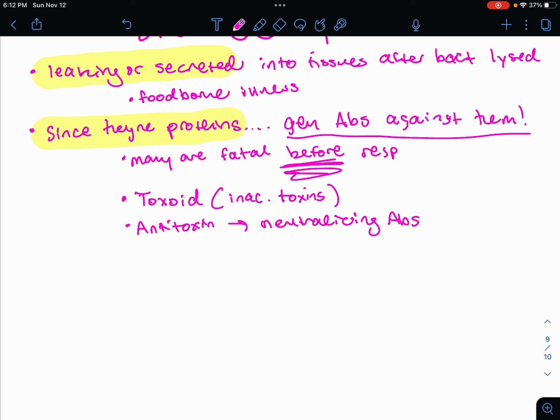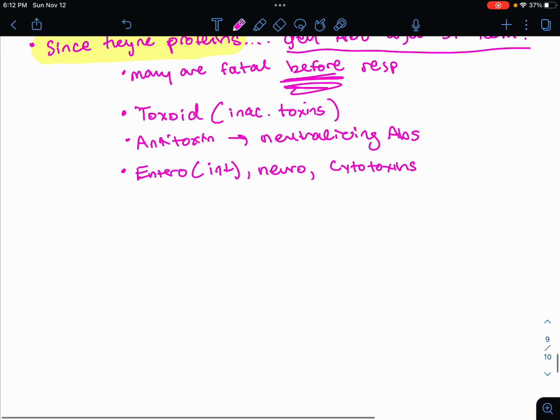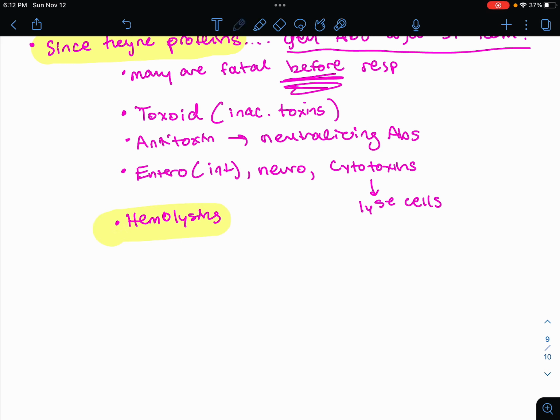Okay, exotoxin types. They're going to be enterotoxins, which are for the intestine, neurotoxins, which are going to damage the nervous system, and cytotoxins. The cytotoxins are going to lyse cells. Hemolysins are a specific category as well.